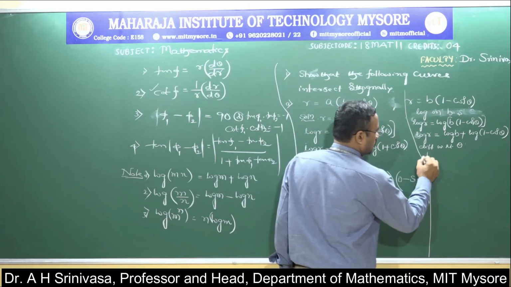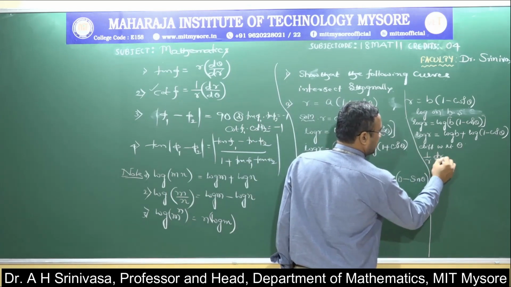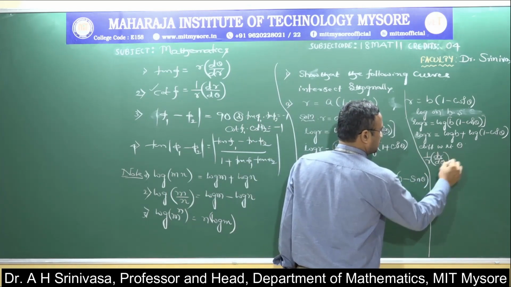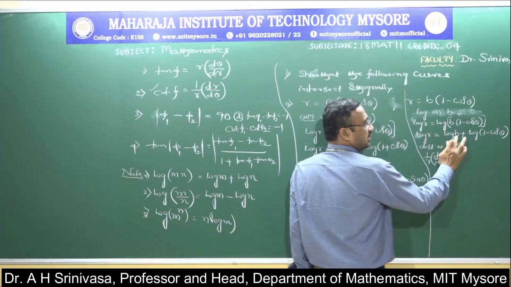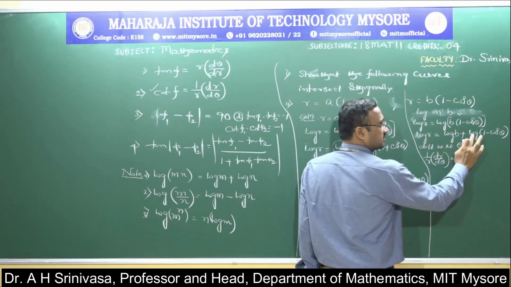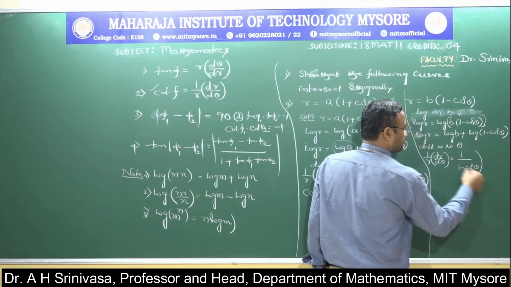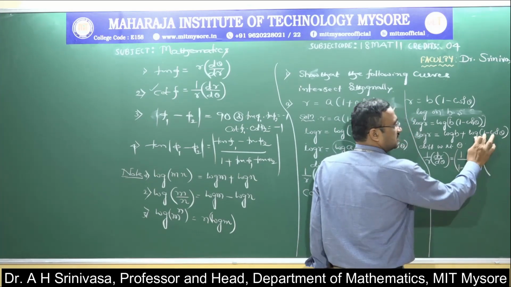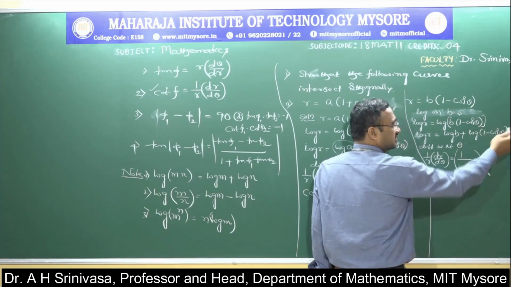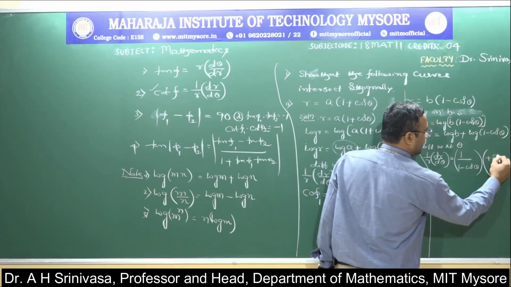What happens? We get 1 by r, dr by d theta equal to, log b is a constant, so 0. Again, it is 1 by 1 minus cos theta into 0 minus of cos theta, that becomes plus sin theta.